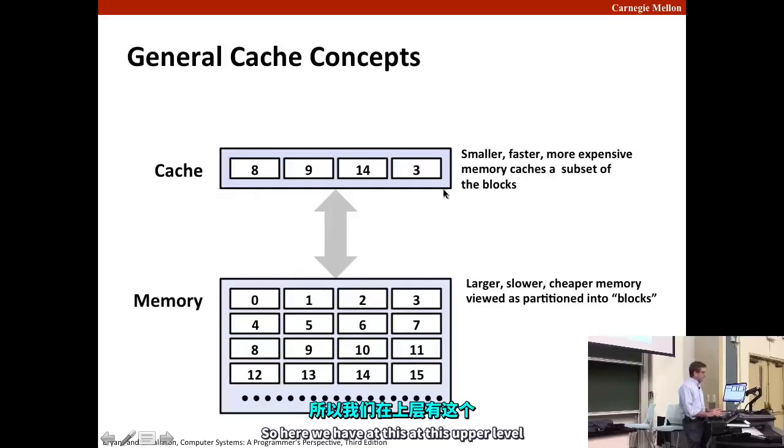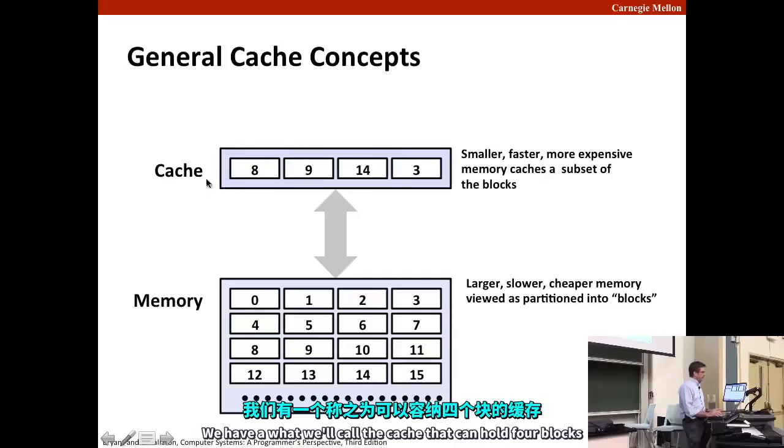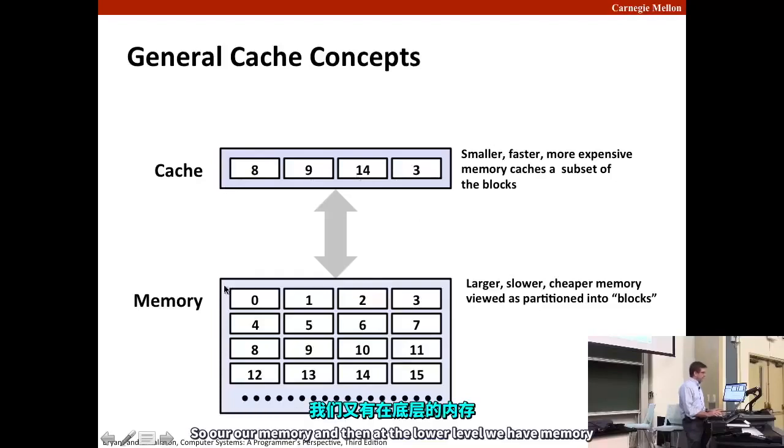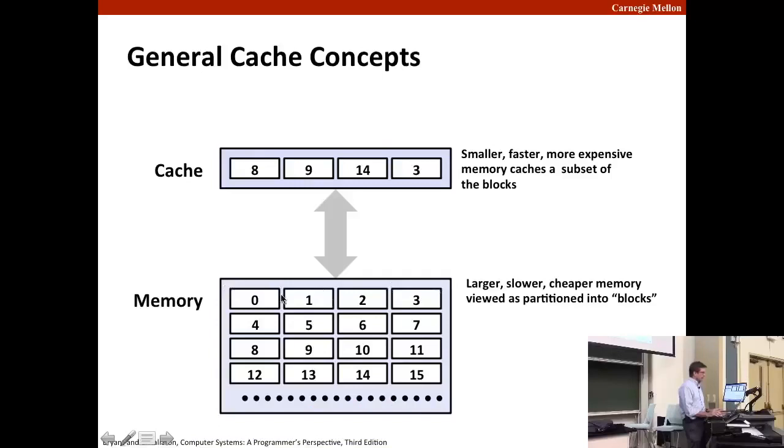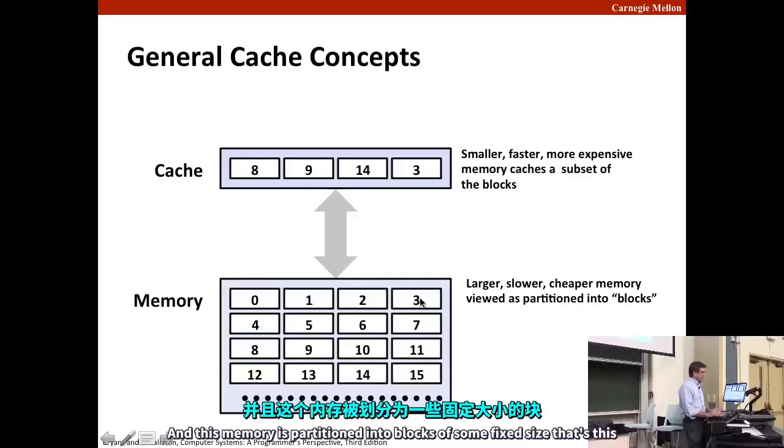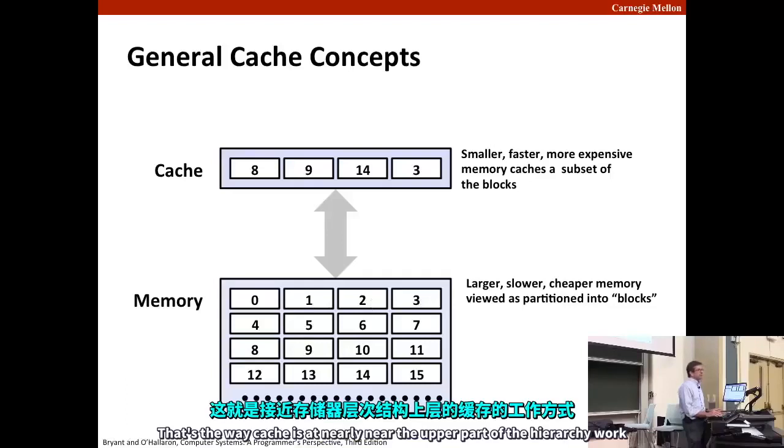Here, at the upper level, we have what we'll call the cache that can hold 4 blocks, and at the lower level we have memory, which is partitioned into blocks of some fixed size. That's the way caches near the upper part of the hierarchy work.